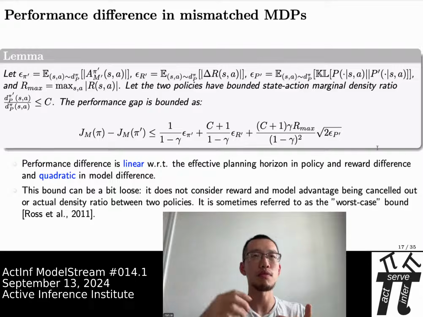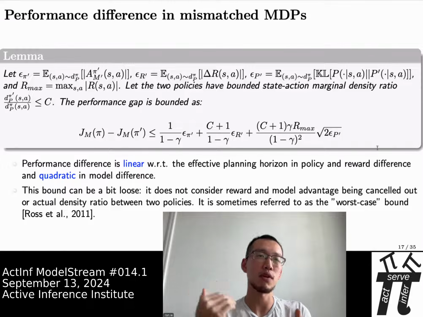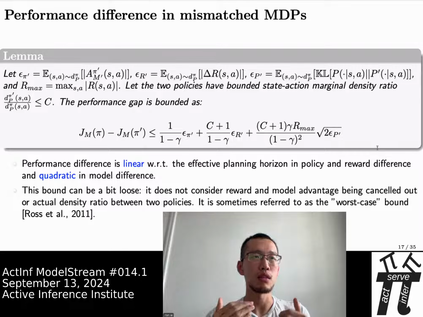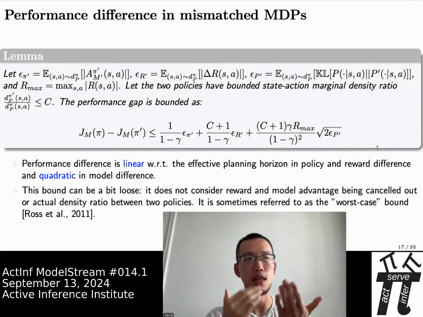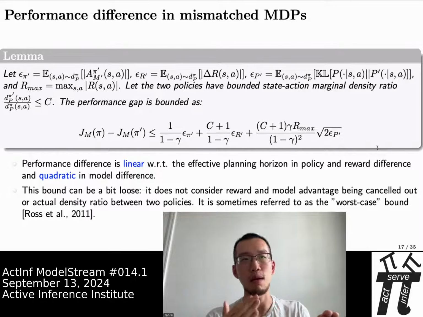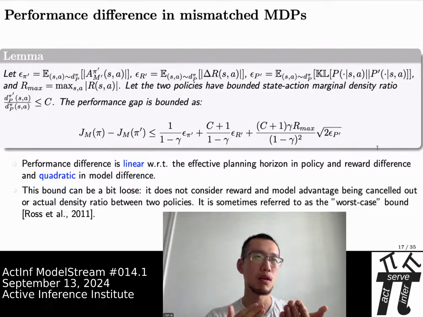Whatever disadvantage you incur in the dynamics, you can choose to gain some advantage in the reward so that they cancel out. And I'm going to show that this is what happens with the EFE policy compared to the Bayes optimal policy.